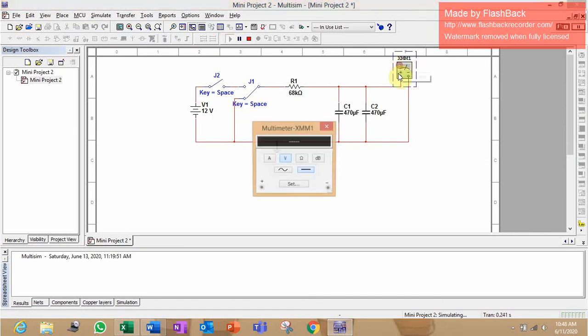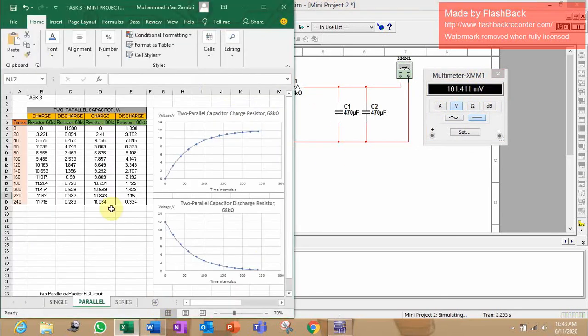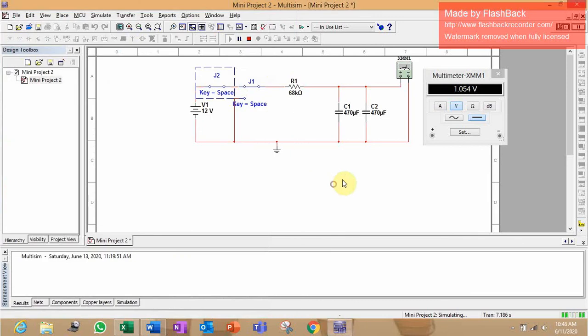So run the simulation. The initial value is 0 volt, and close the switch, and the voltage starts to increase. After 20 seconds, the voltage is 3.221 volt for 68 kilo ohm, and it will increase until 240 seconds, which is 11.718 volt, which is not the maximum voltage.